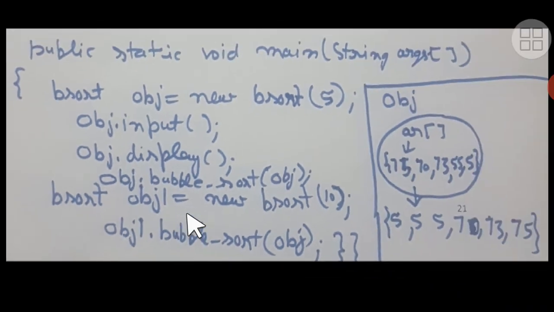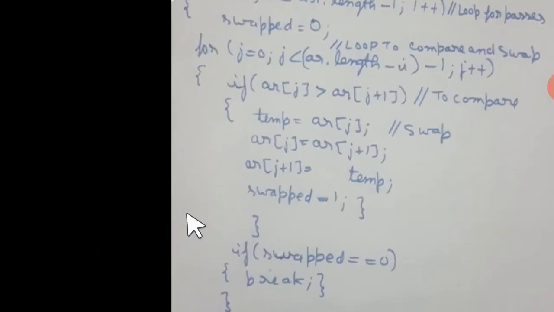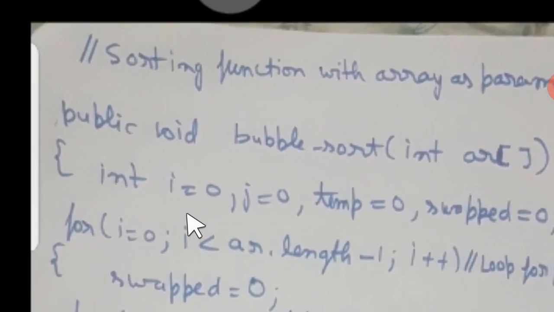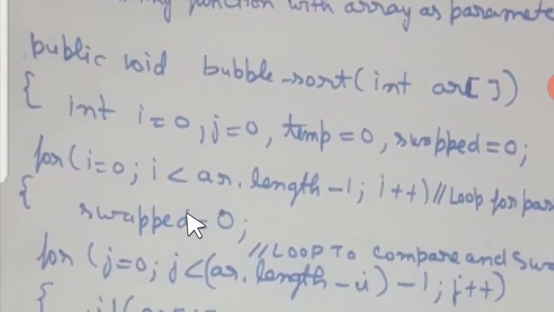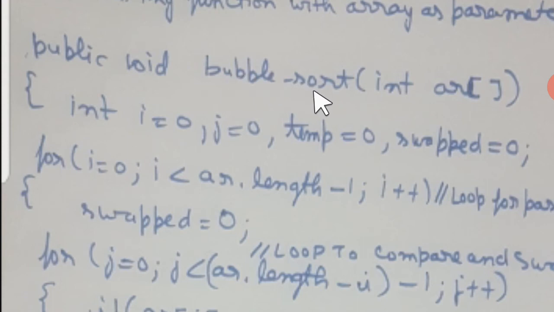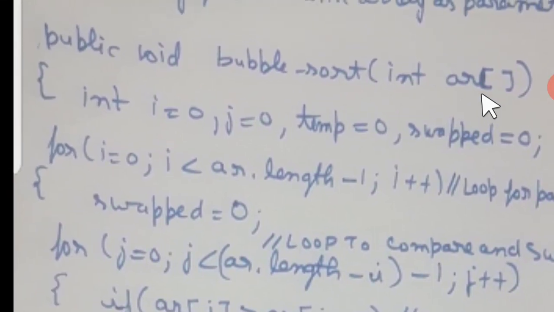Now students, passing the array through a function. So here bubble sort is the name of the function: public void bubble sort, int ar square bracket. You can see a kind of function overloading here, but I will be showing you a separate member function for the main function for this.